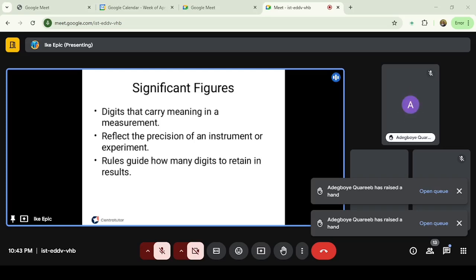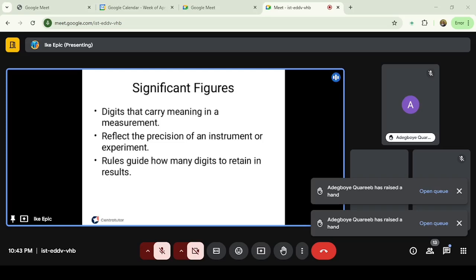This will just be a reminder to us because I believe that most persons already know what significant figure is or how to round off to significant figures. But I'll just go through it because it's part of the scheme. You would not really be asked for a definition of significant figure, but I would explain what it means.